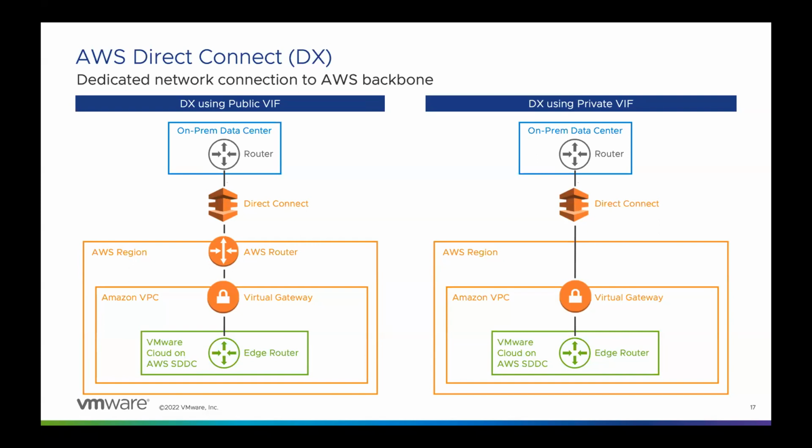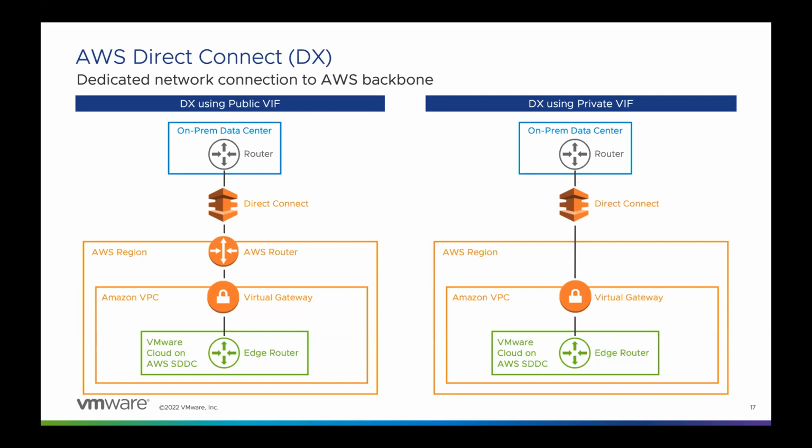From a public VIF perspective, public VIFs will provide connectivity to AWS public services or the public address space. This connection will terminate on the AWS region, and customers can connect to the services in this public address space because AWS will advertise the entire AWS public subnets over BGP over Direct Connect.